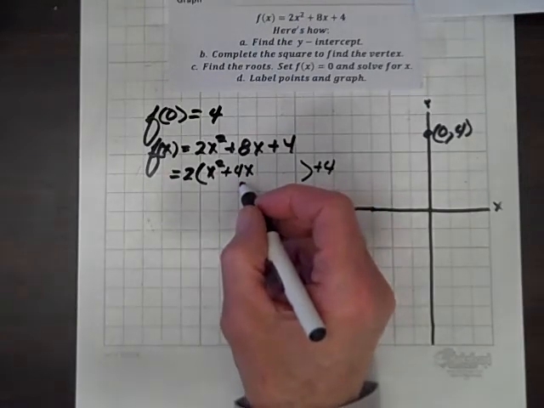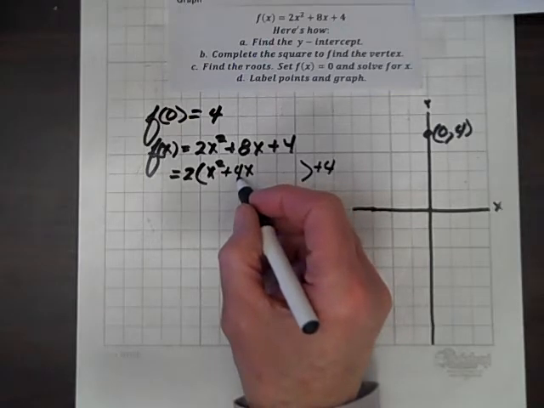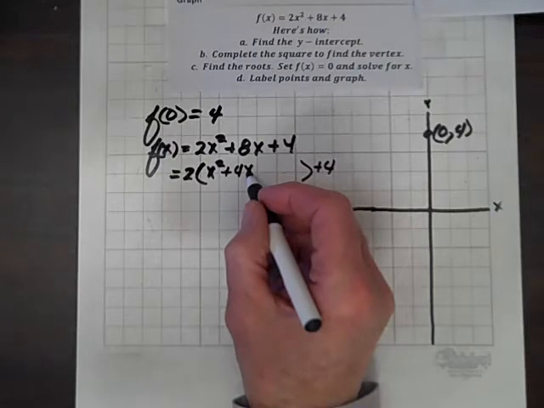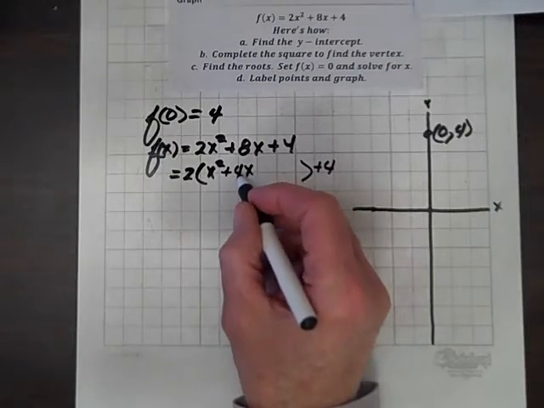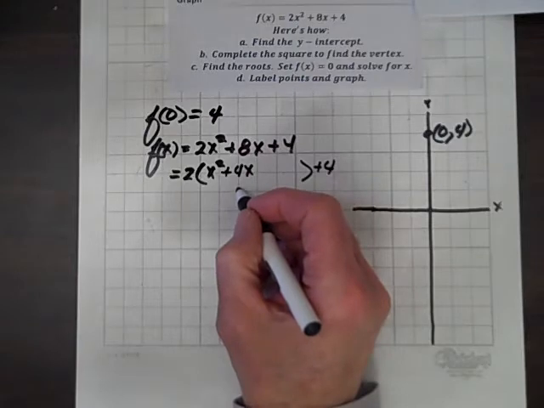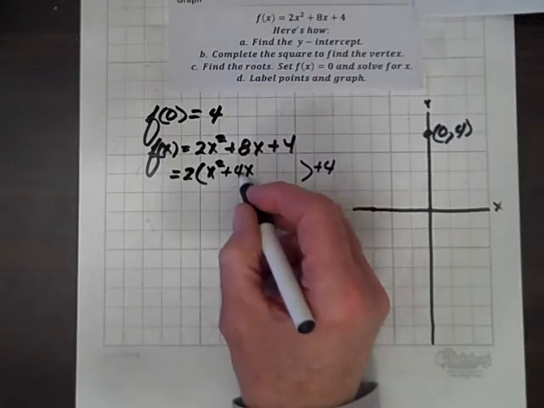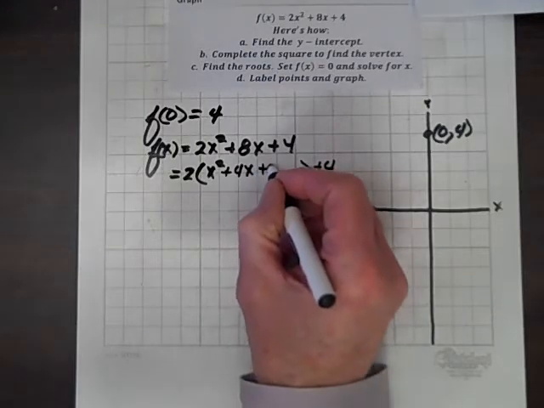Now, to complete this square, we must take the coefficient on x, the 4, and divide it by 2 and square it. So half of 4 is 2. We square that, we get 4.